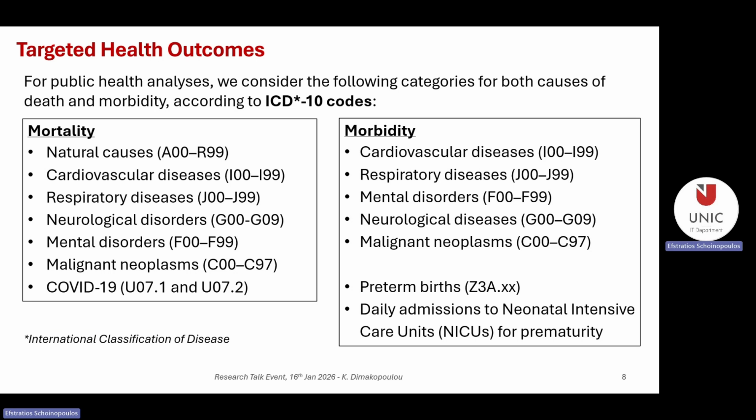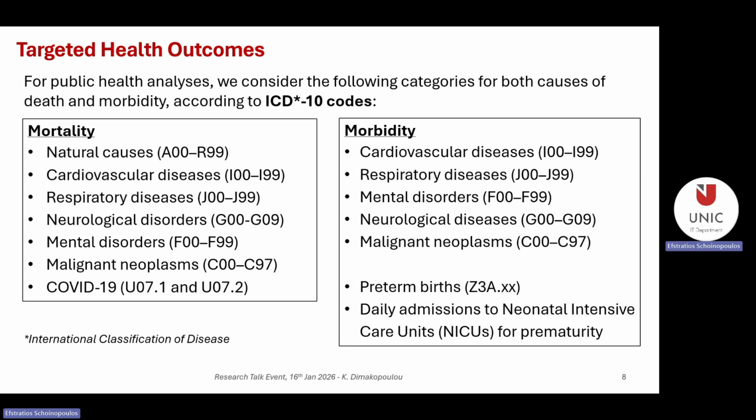Since we are talking about public health, we are basically interested in all health endpoints. So we start from all natural causes of mortality. There are many studies done on the effects of the different environmental exposures on cardiovascular and respiratory disease cause-specific mortality. Neurological and mental disorders haven't been studied so much, so we are focusing on these outcomes now.